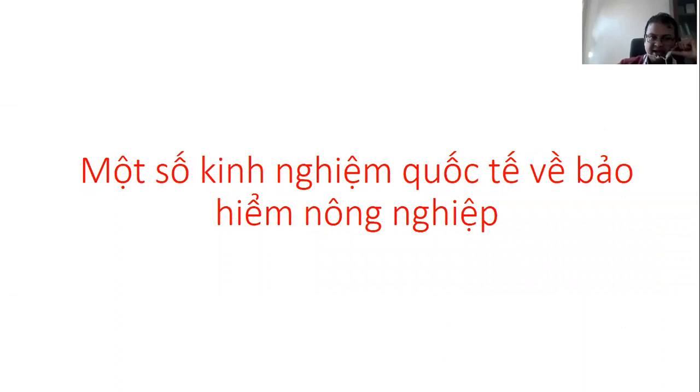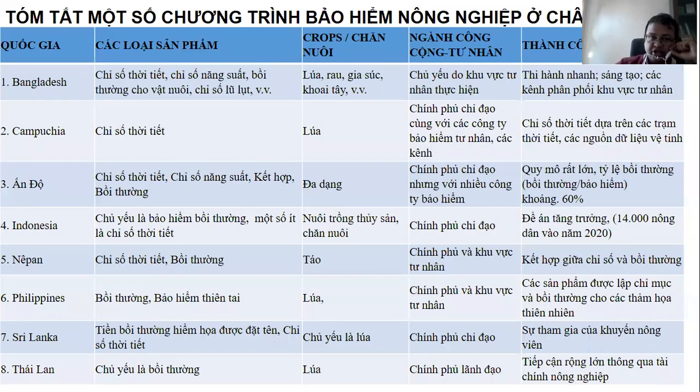In the next slide, there is a quick summary of some of the different product categories that have taken place in different countries in Asia. As you can see, there's been a lot of experience in Asia and in other countries in Southeast Asia with different types of agriculture insurance.